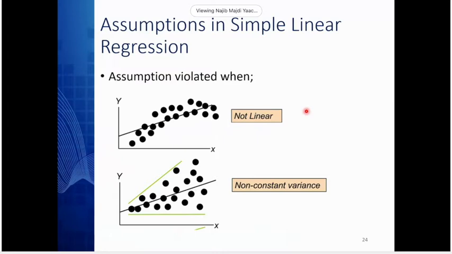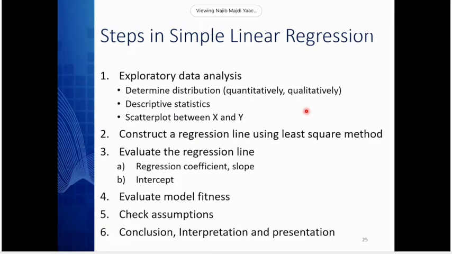Okay, here, very simple. The steps in modeling a simple linear regression involve all these 6 steps. The first one involves exploratory data analysis. You explore the data, you check the distribution, both quantitatively and qualitatively.